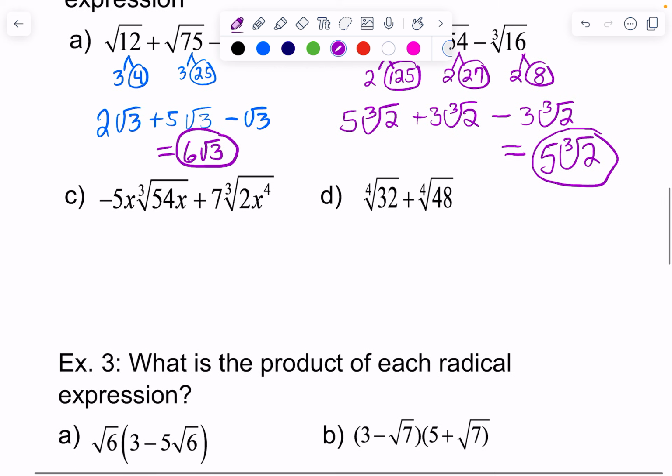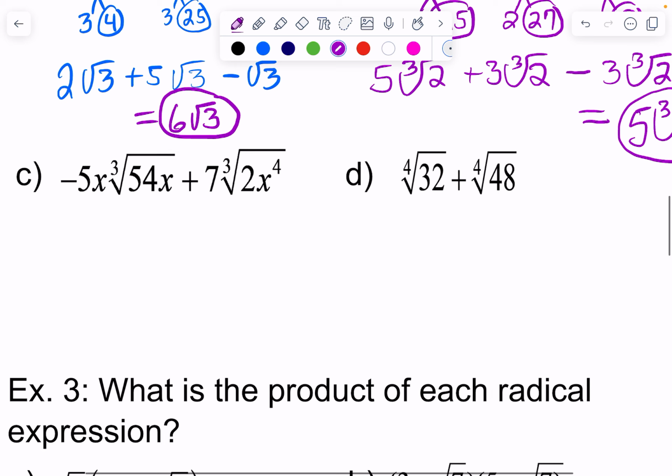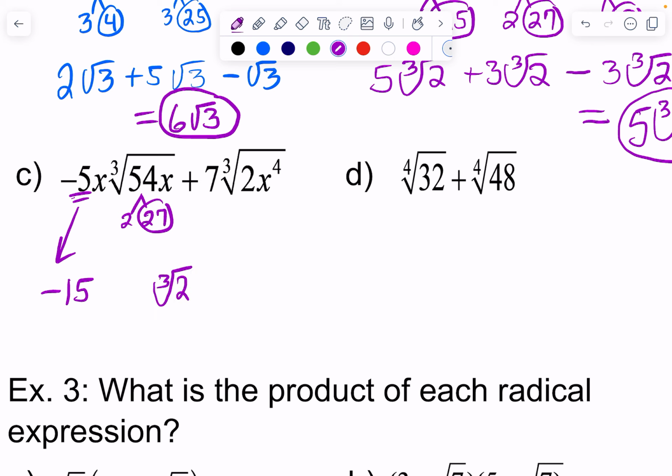All right. The cube root of 54x, I can break down 54 into 2 times 27. And the cube root of 27 is 3. 3 times this negative 5 will give me negative 15, with a cube root of 2 left over. And then I can't take out any x's.